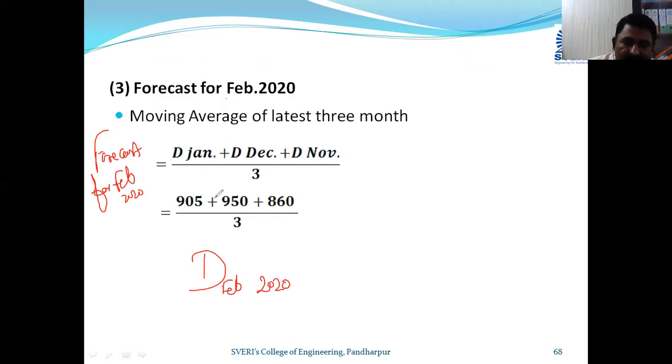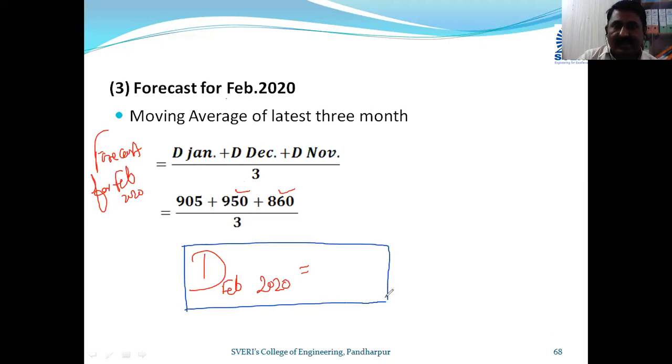See, December and November are given in this numerical, and we have calculated 907 for January, but it is clearly mentioned in the numerical to take 905 for January. Therefore, we are taking the same value 905 for January. So calculate and let me know the accurate answer for this particular demand. Put the answer in the chat box, so that we will finish the problem.